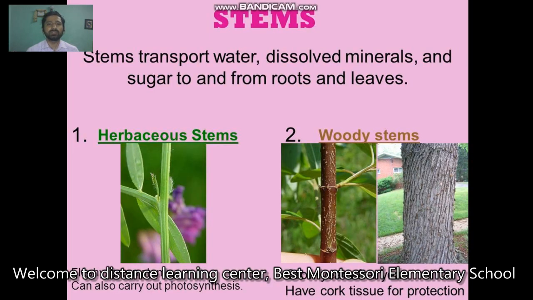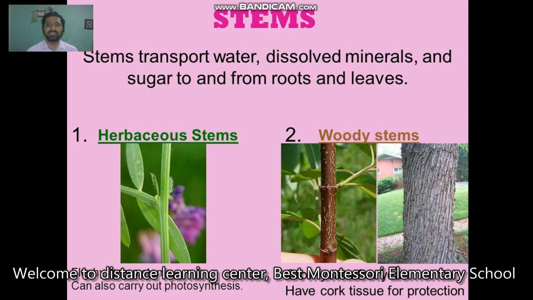Now let's move to the second, and it's according to the stem. Actually, stems can be divided into two: herbaceous stems and woody stems. Herbaceous means it is fleshy and green, and woody means they contain bark, a protective tissue outside. They are strong.